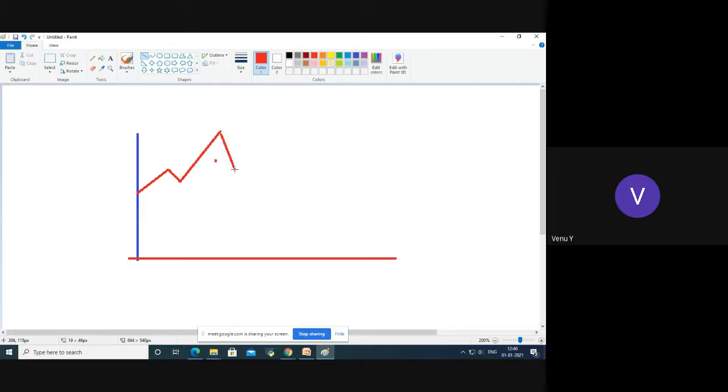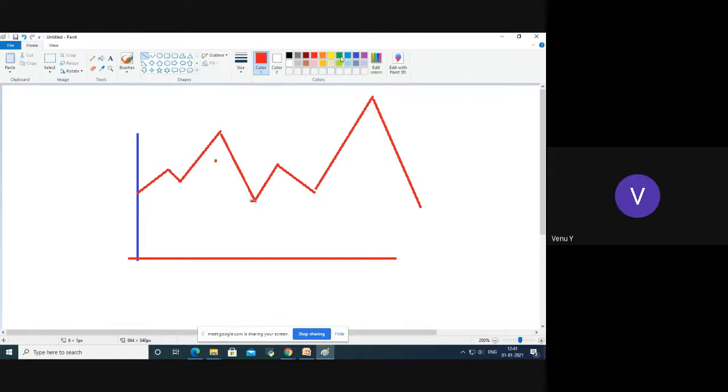I'm drawing approximate curves, increasing and decreasing like that. The x-axis is time, the y-axis is demand, the power demand. In this case, at a particular base load, in the sense the entire load which is present throughout the 24 hours, let this be the base load.